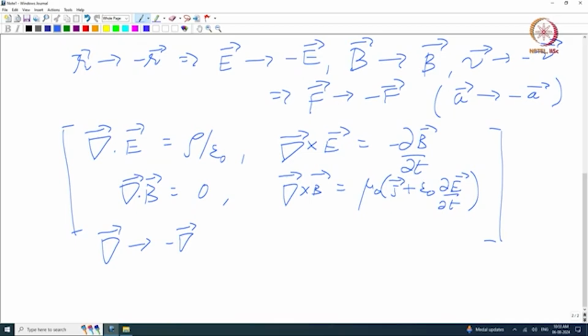So what we say now is that under electromagnetism, parity is a good symmetry. The world is the same in a point mirror as far as electromagnetism is concerned.